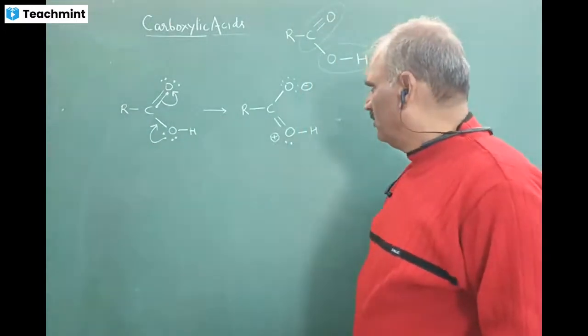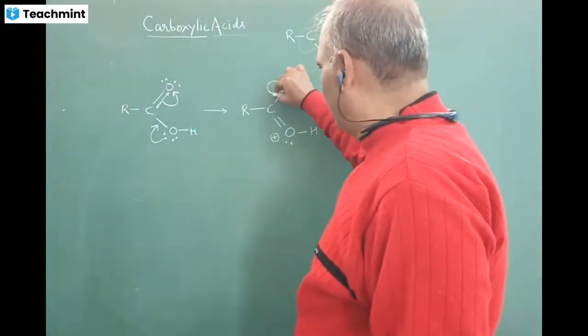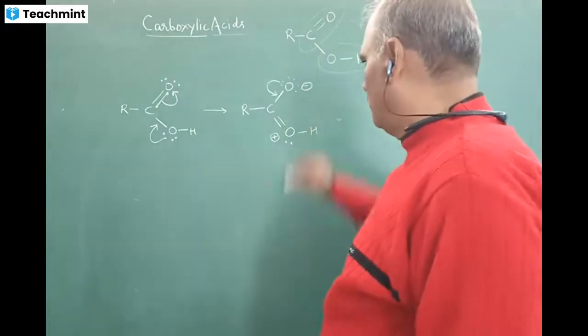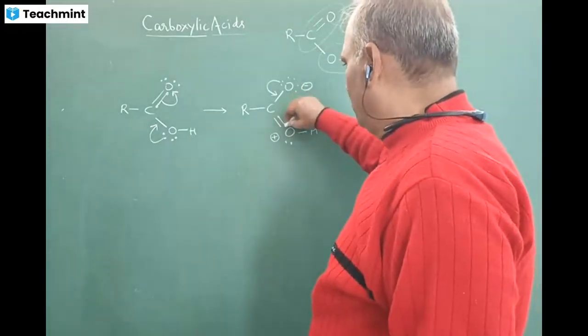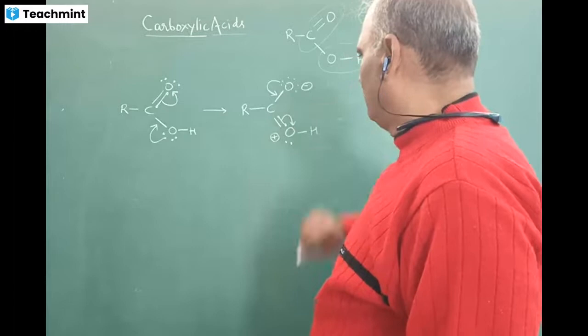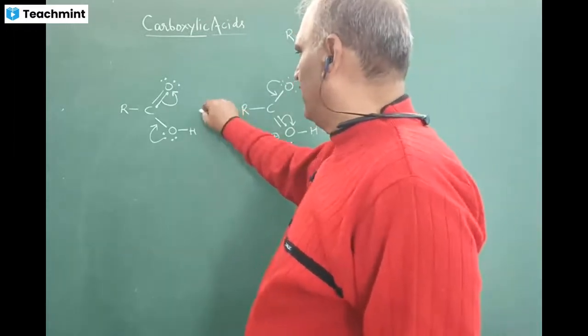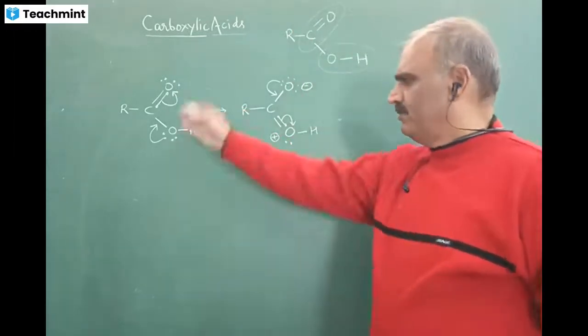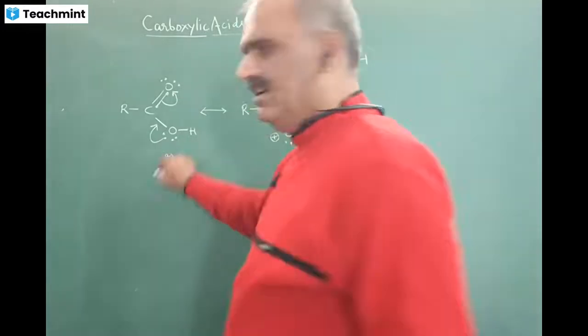Now the lone pair will come back to this single bond, and this bond pair will become a lone pair again, and this structure will again get converted to structure B.